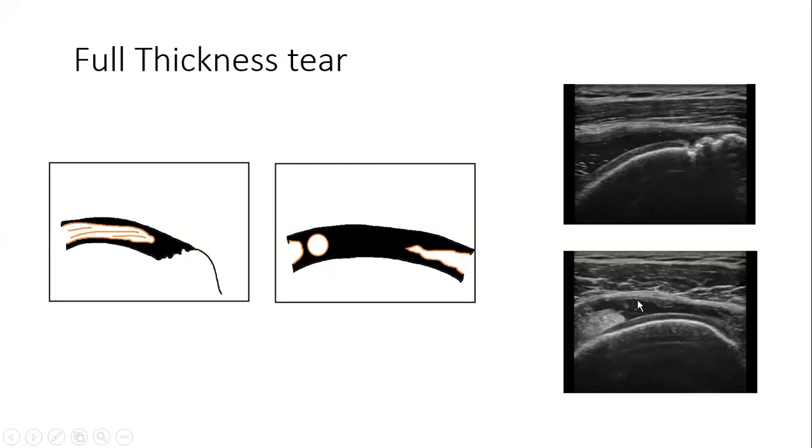So focally, let's say this portion of the tendon was intact and this portion is intact, but in the middle, the entire articular to bursal side is torn. That is an incomplete full thickness tear. So when we say incomplete full thickness tear, that means some portion of fibers are still intact, but focally at a certain location, the entire bursal to articular side of the fibers are torn.